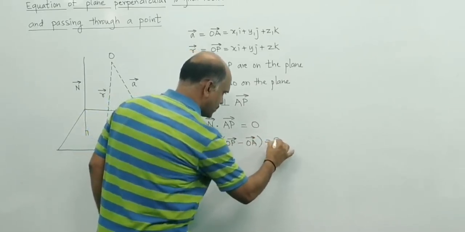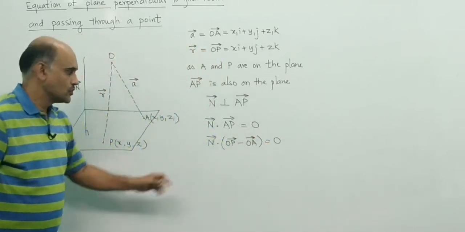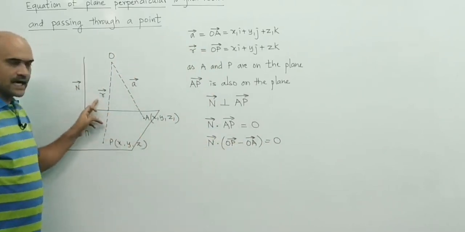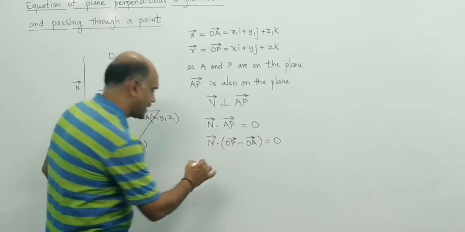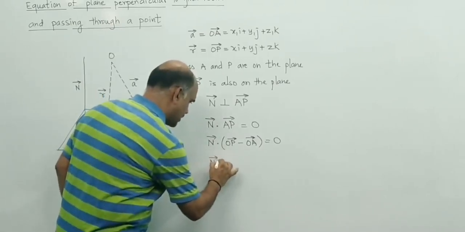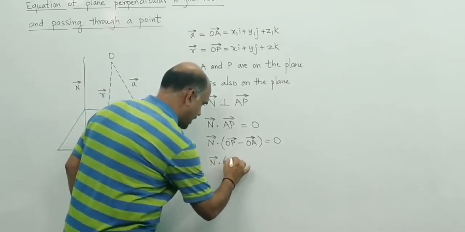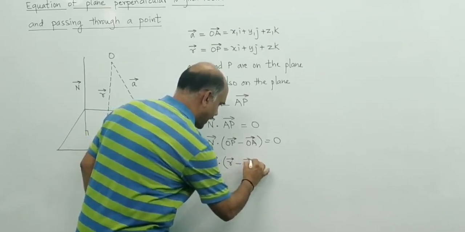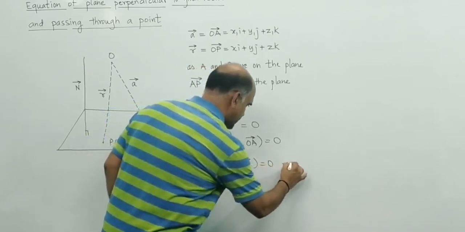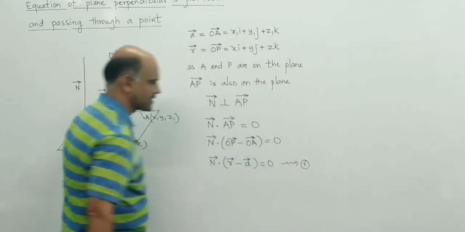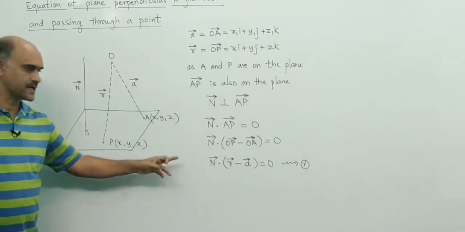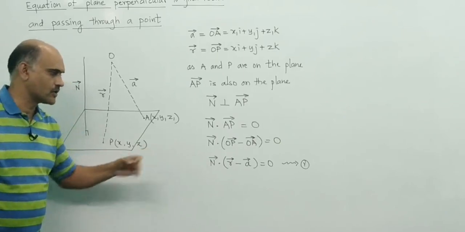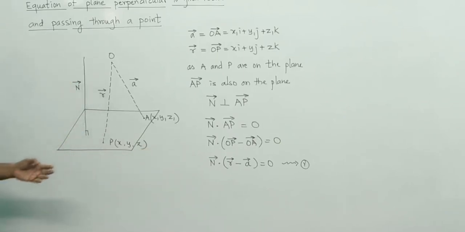So OP you write as r, OA you take as a, so you will have n dot (r minus a) is equal to 0. So this is the vector form of the plane. So (r minus a) dot n, or n dot (r minus a), is equal to 0.